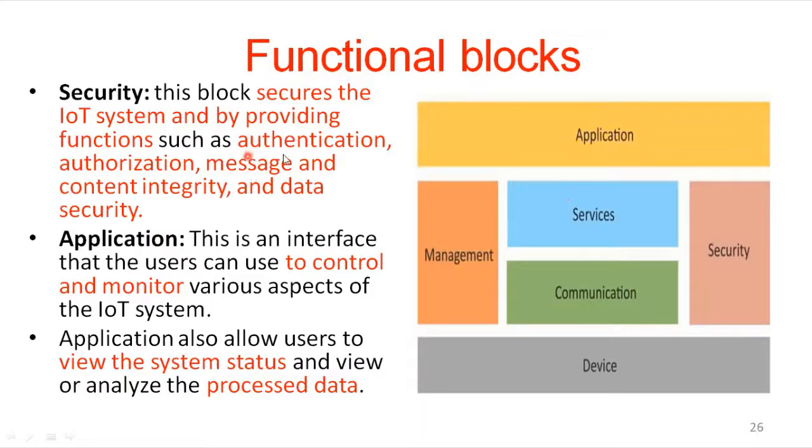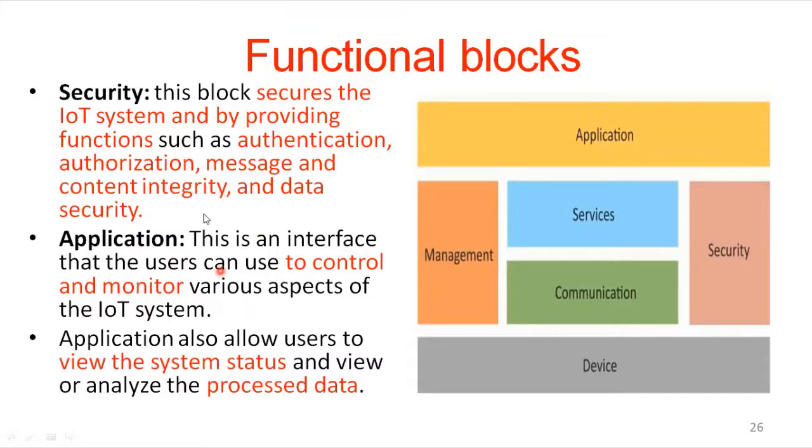This block secures the IoT system by providing functions such as authentication, authorization, message and content integrity, and data security policies. Security means an unauthorized person cannot access our data. For that purpose, authentication and authorization capabilities are provided.